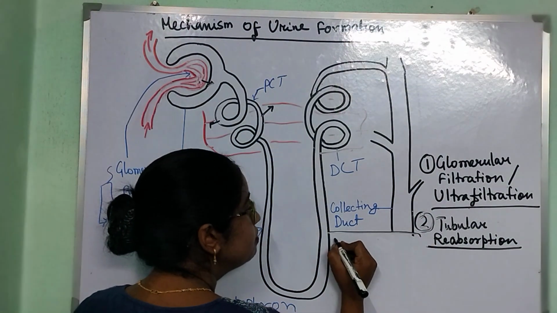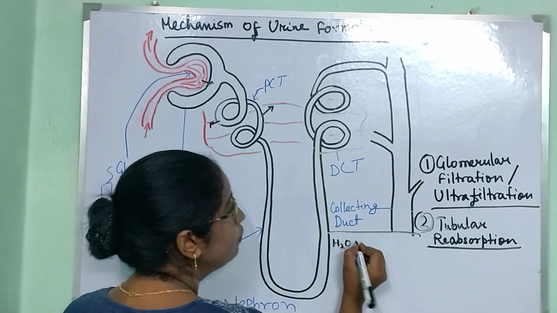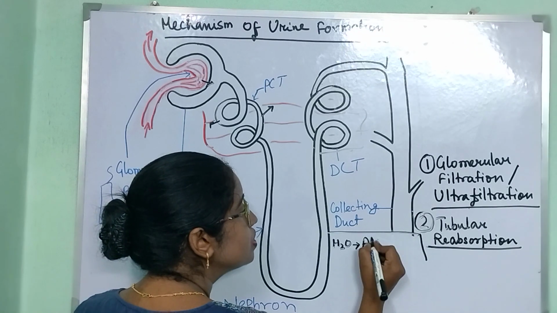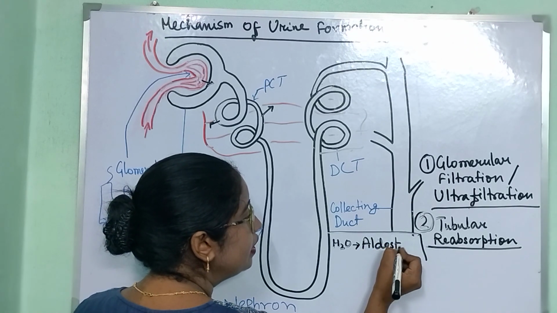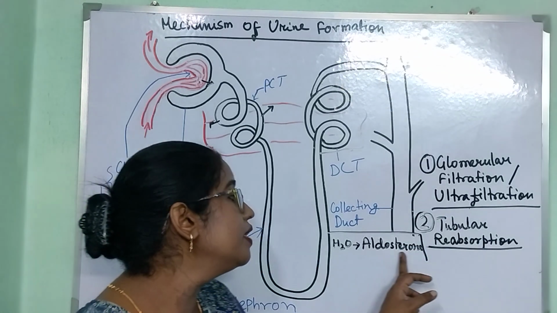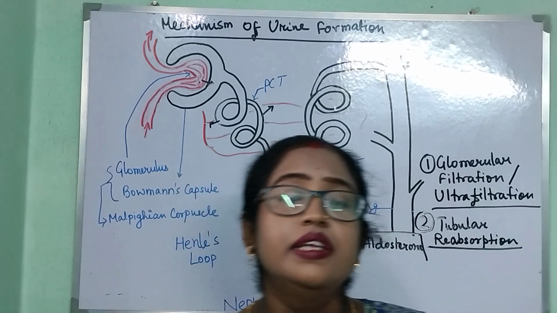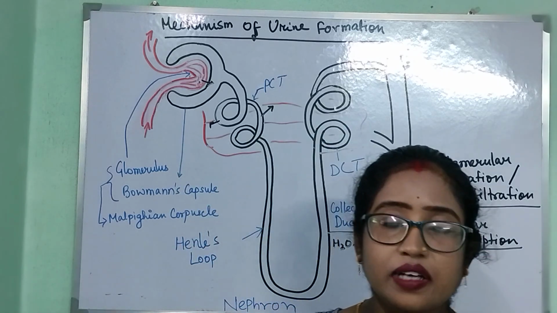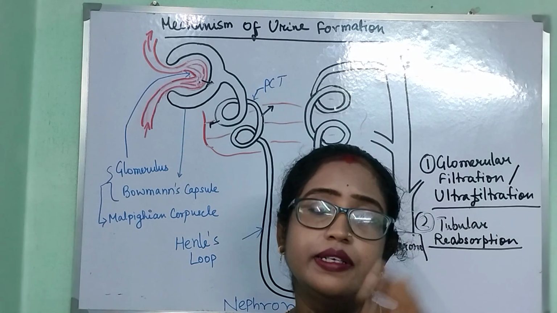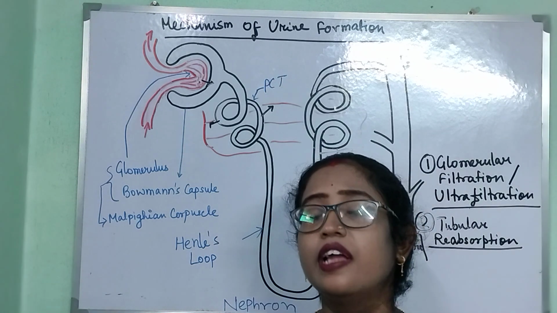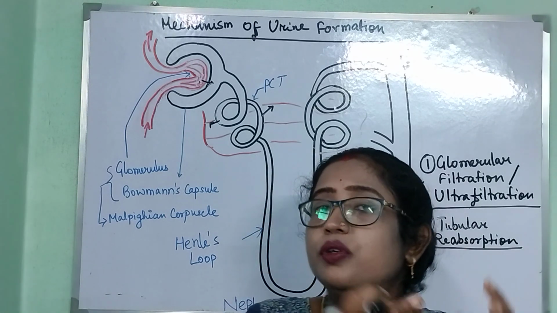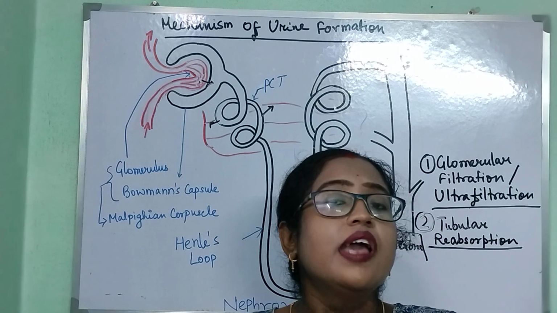So the reabsorption of H2O from the DCT occurs with the help of the aldosterone hormone. This aldosterone hormone is secreted by the adrenal cortex gland. I told you in previous classes that on the upper portion of the kidney a small gland is present, known as the adrenal gland.